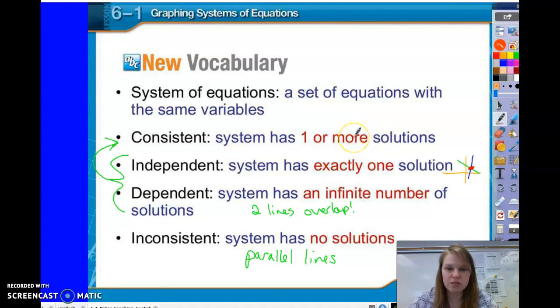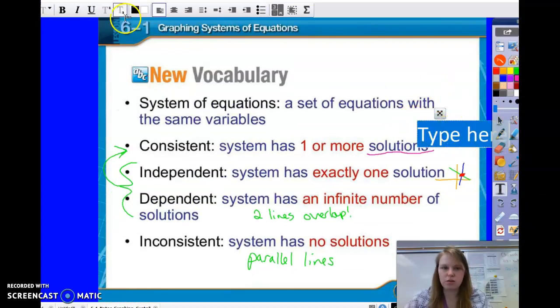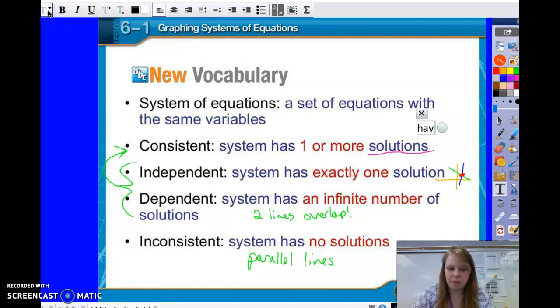One or more solutions. When we say solution, we mean a point in common. I'm going to write that in pink. A solution means that they have a point in common.